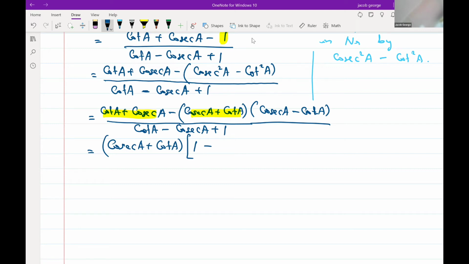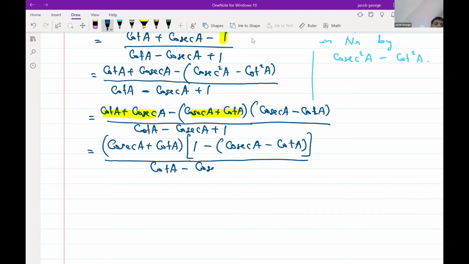From the other expression also it is taken outside, so minus of, in bracket, cosec A minus cot A. We will close this bracket, all divided by cot A minus cosec A plus 1. Is that clear?